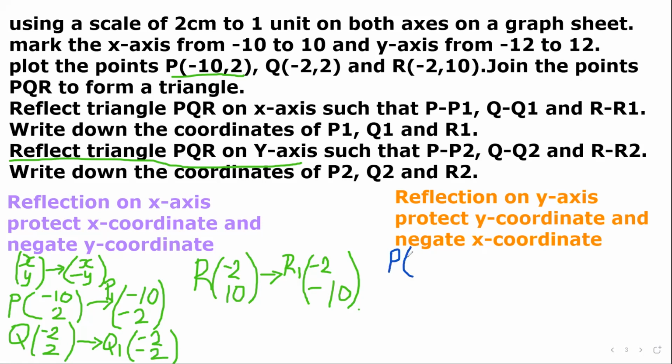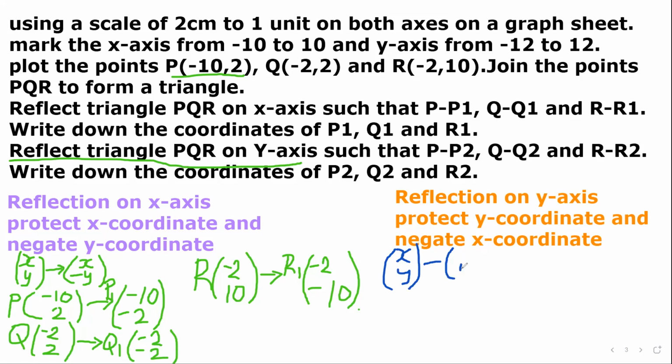So here, if point P is, let me write the formula here first. This will be the format that we are going to follow. If this coordinate is reflected on the y-axis, it means the y is going to be protected.